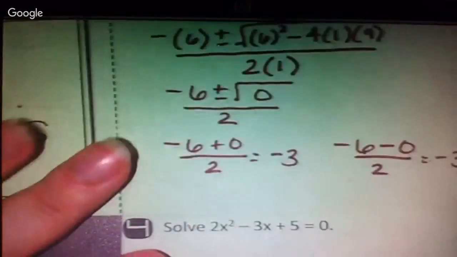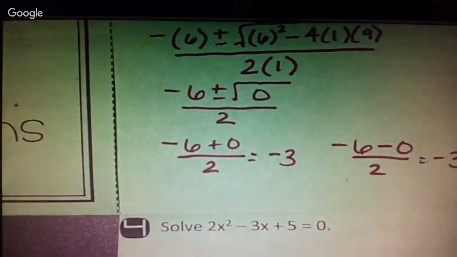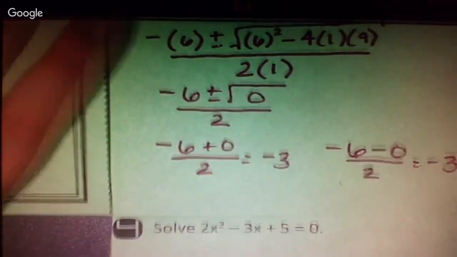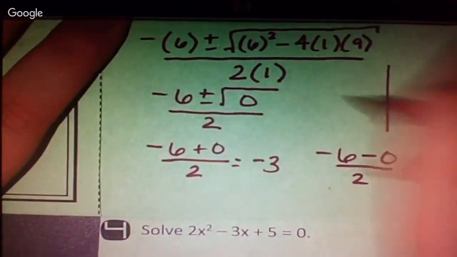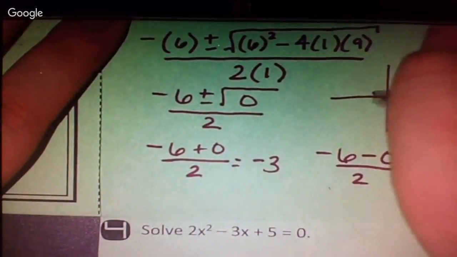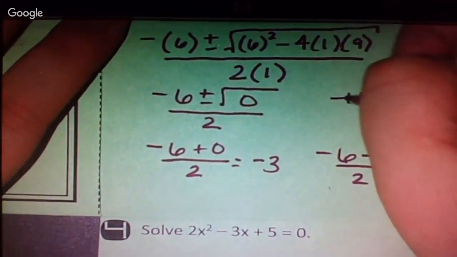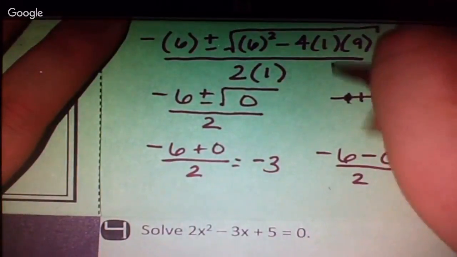It's just negative 6 divided by 2. So when you separate it, Justin said they're the same answer. Okay, so that's why there's only one solution, because when you add 0 or subtract 0, it doesn't change anything. So we have one solution at negative 3. So my graph only crosses the x-axis at negative 3, and it looks like this.